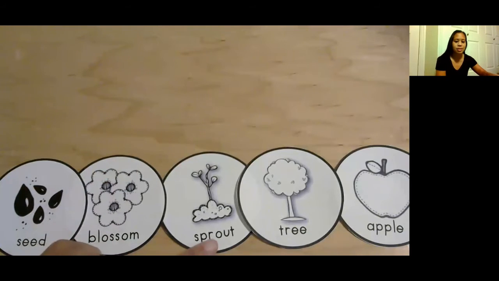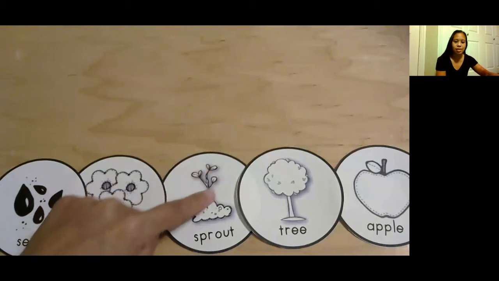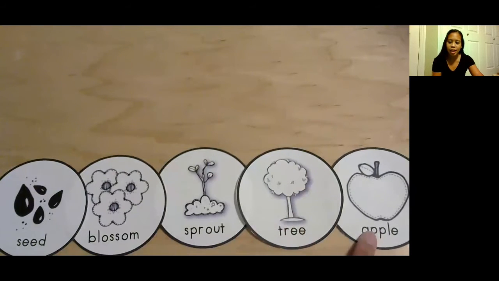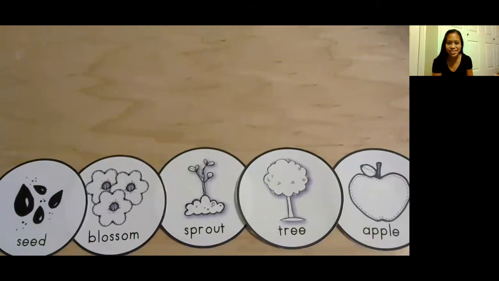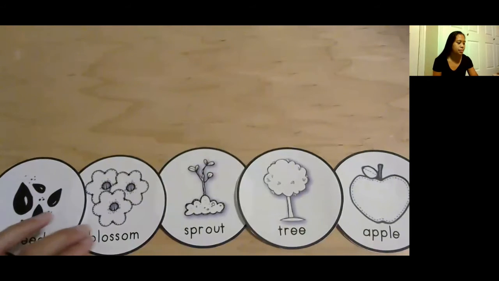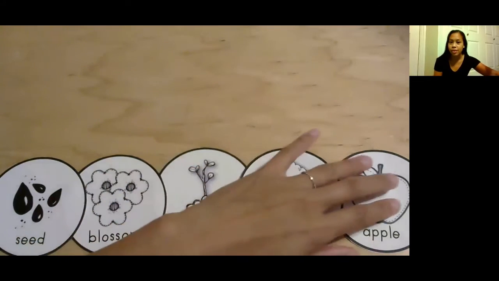A sprout. Here it goes, a little seedling, right? And then this is a tree, right? A big tree. And then an apple. We've been talking a lot about apples, right? So there's the apple.